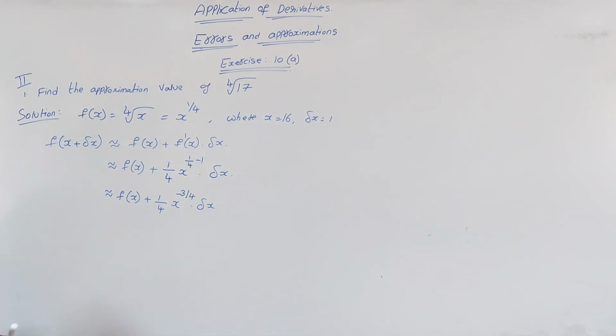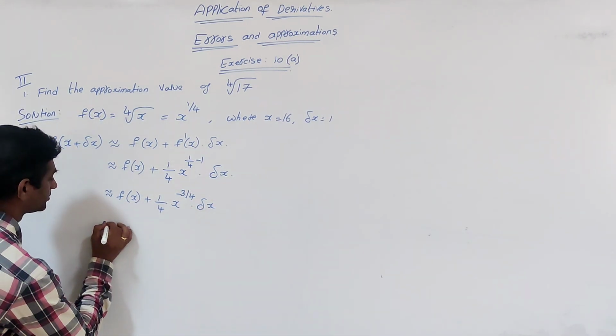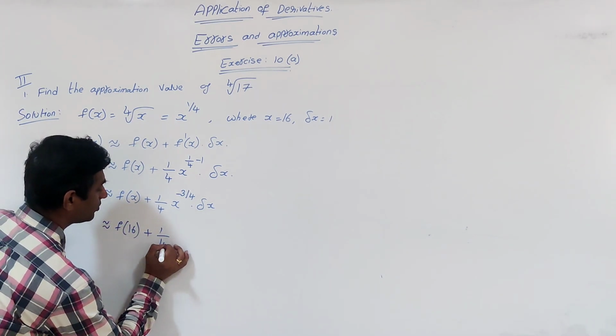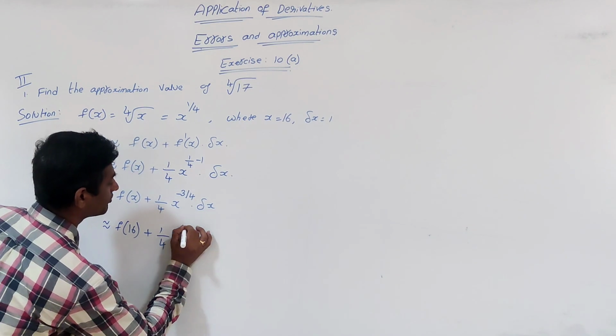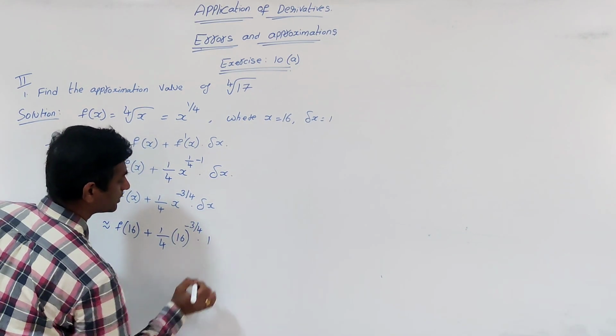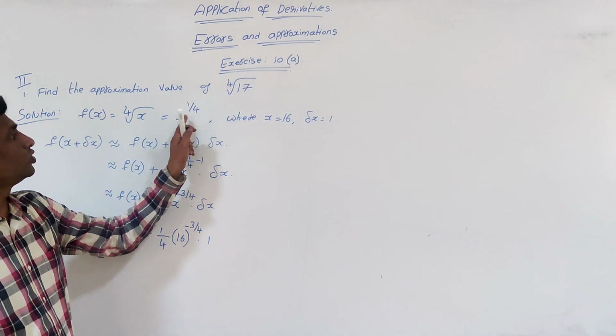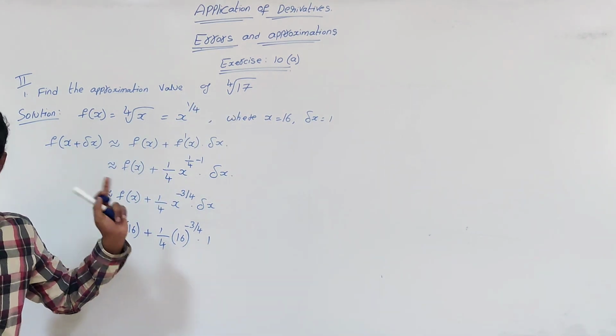Now substitute the value of x, that is 16. f of 16 plus 1 by 4 into 16 to the power of minus 3 by 4 into 1. Delta x is 1. So f of 16, 4th root of 16, is 2.